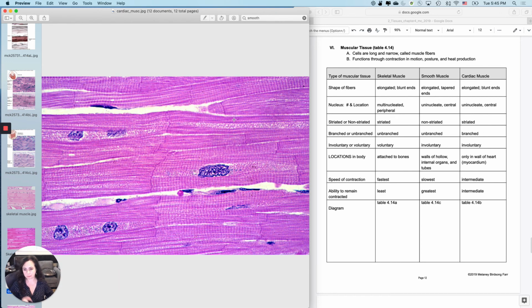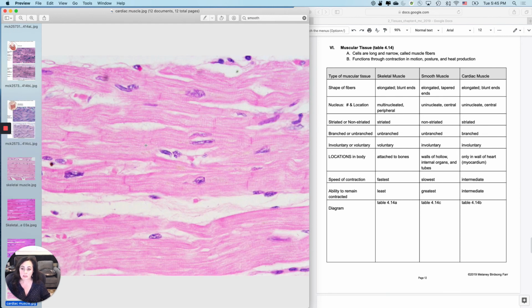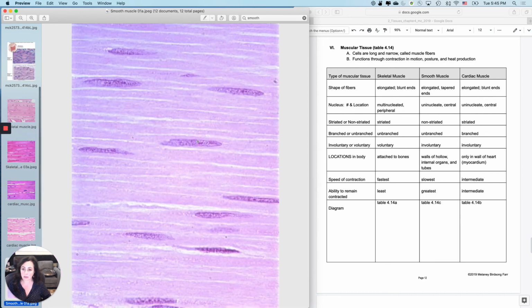What is this one? One big nucleus, what looks like a dark striation, right? And branching in some of them. What is this one? This is cardiac muscle. This is also cardiac muscle. Again, these dark striations, the branching occurs, one big nucleus, that's cardiac muscle.